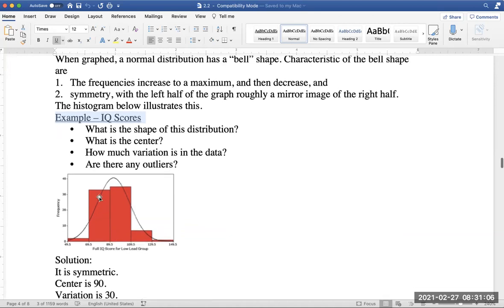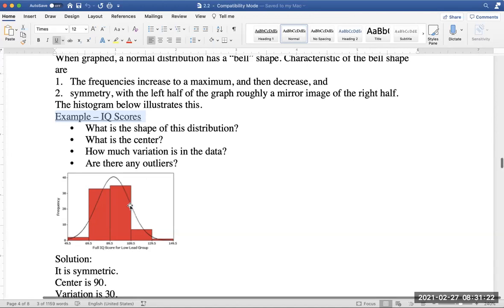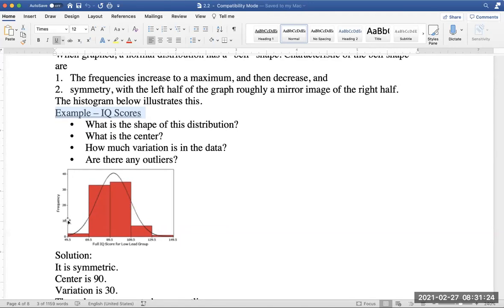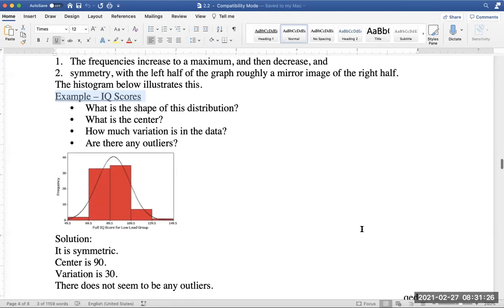Oh, they're doing the whole length, and I'm doing half of it. So the variation is 30. They're going from here to here, which is 30, or if you go from here to here, it's about 15. Oh, and it says, are there any outliers? There does not seem to be any particular data that's far away from the majority of the data. It seems to be nicely spread out.